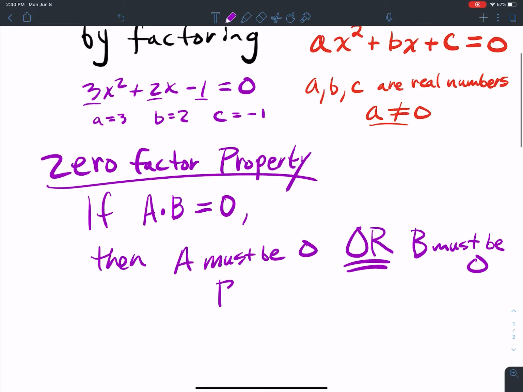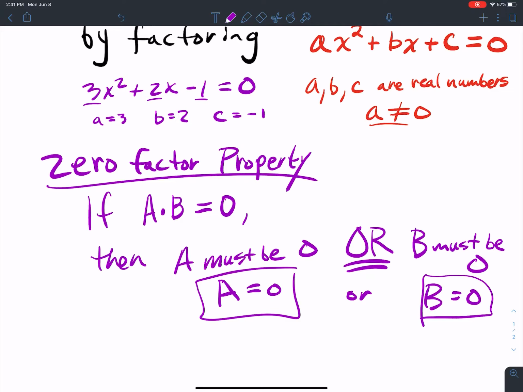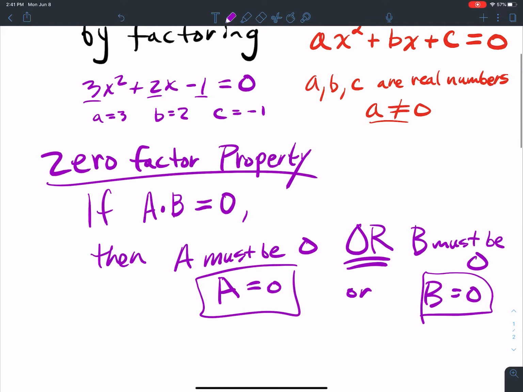So a equal to 0 or b equal to 0. Or means that it could be one and not the other. It could be the other and not the first one. Or it could be both of them are equal to 0, okay? So that's what or is telling us, all right? But one of them is 0.